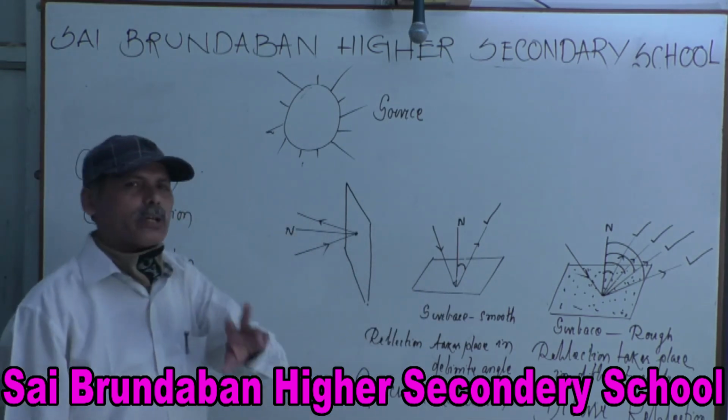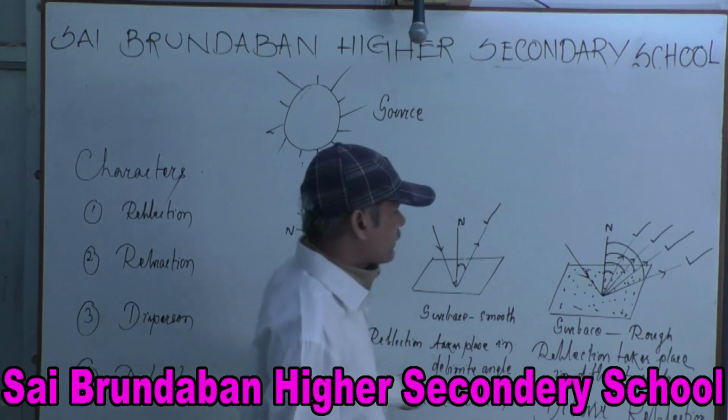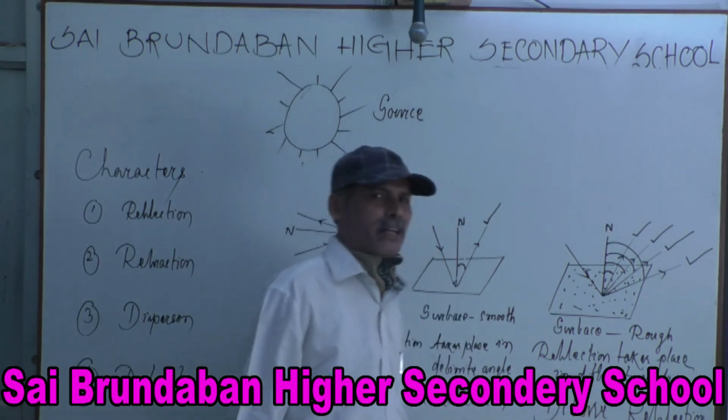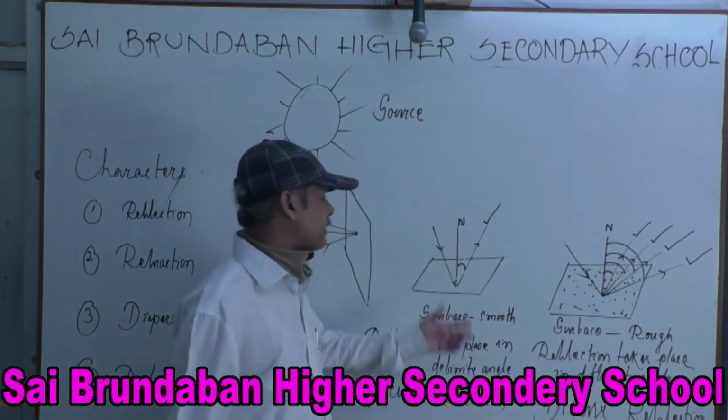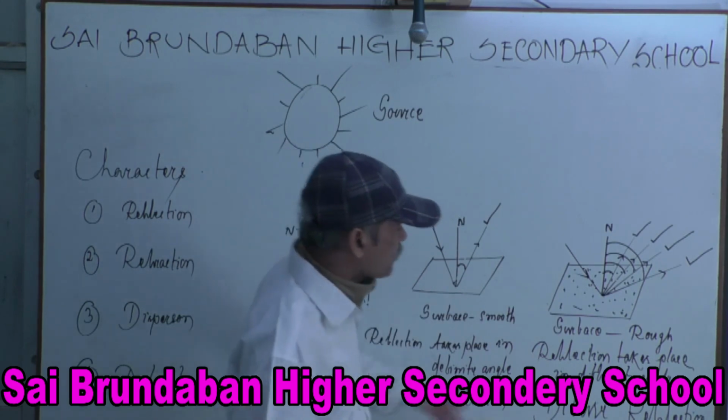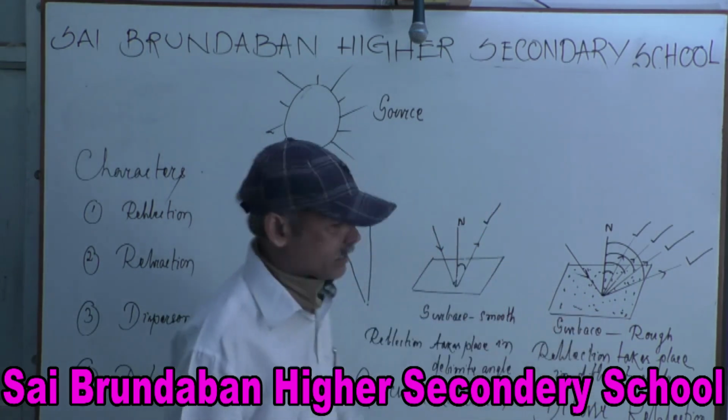Remember, there are two types of reflection: one is specular reflection, another is diffuse reflection. Specular reflection takes place on a smooth surface, while diffuse reflection takes place on a rough surface.